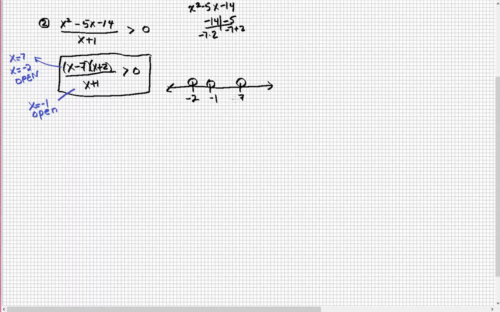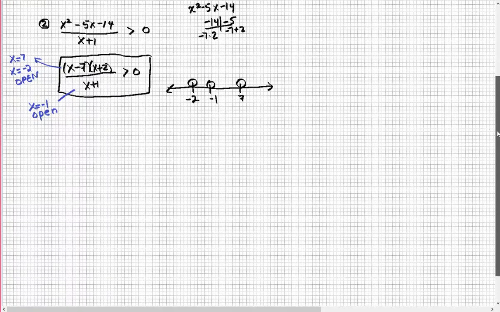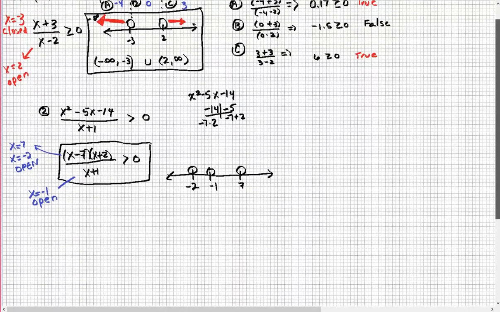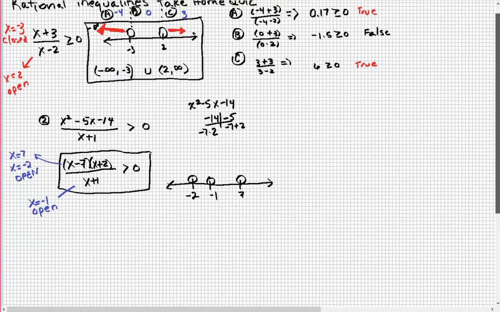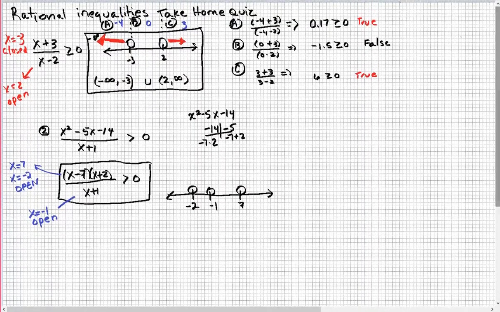Let me check the first problem. I made a mistake in the first problem, didn't I? Why don't you guys say something? Oh, that's right, I can't hear you guys. -3 we said was closed, and I forgot to close this circle, see?